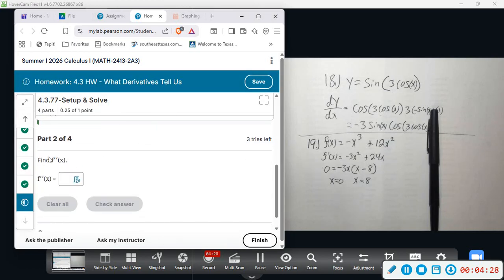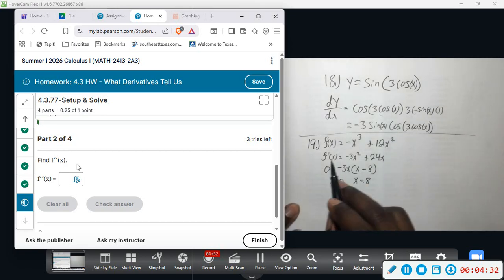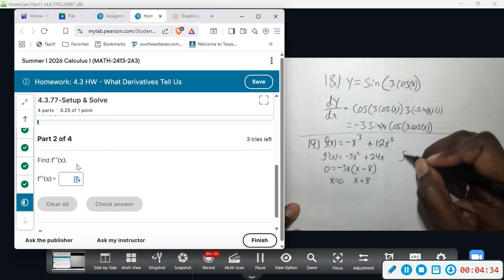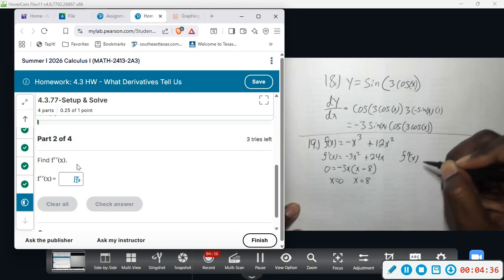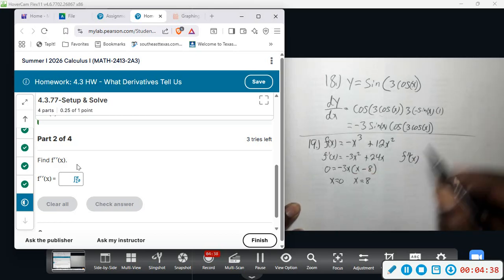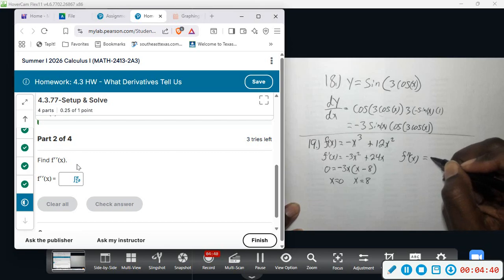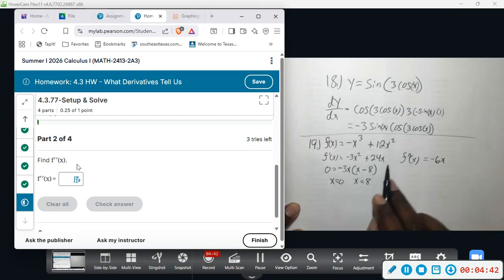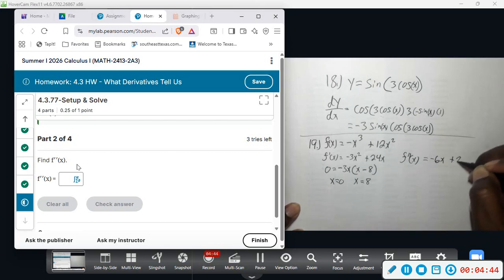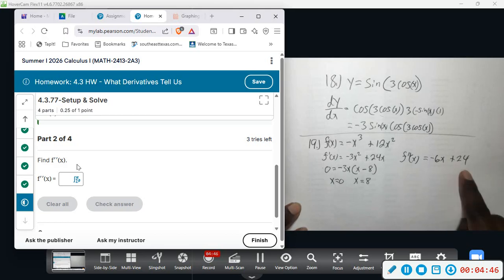All right, part 2 says find the second derivative. So starting here, we're going to find f double prime. So power rule again, 2 times 3 is 6, negative 6x plus 24.